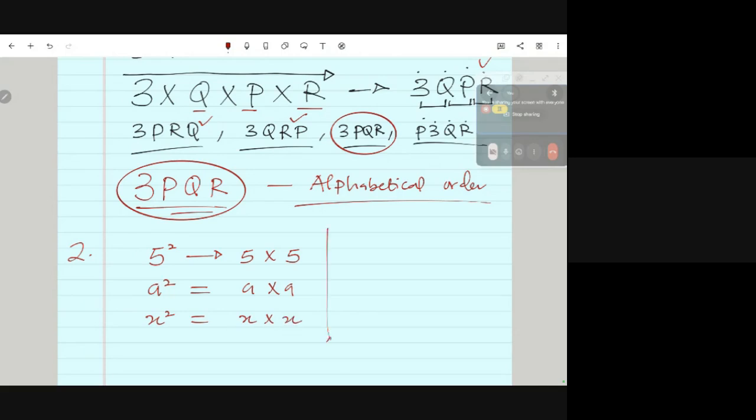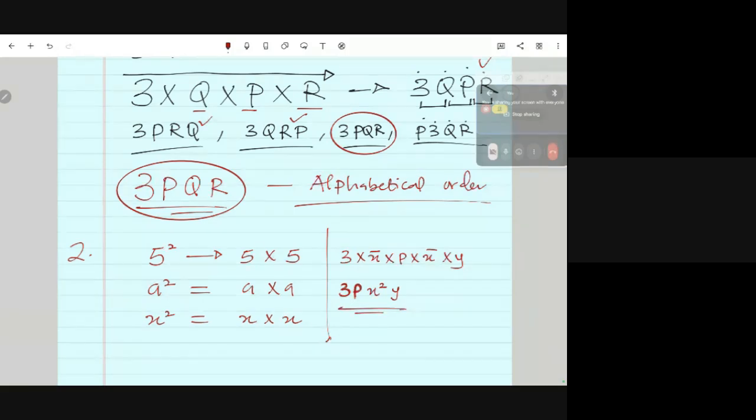So let's say I have 3 times x times p times x times y. This would just be, write the 3 first. Then what letter comes first among p, x, and y? The first letter should be p. So 3p. Then we have two x's together, that will be x squared, then y. So this is 3p x squared y.